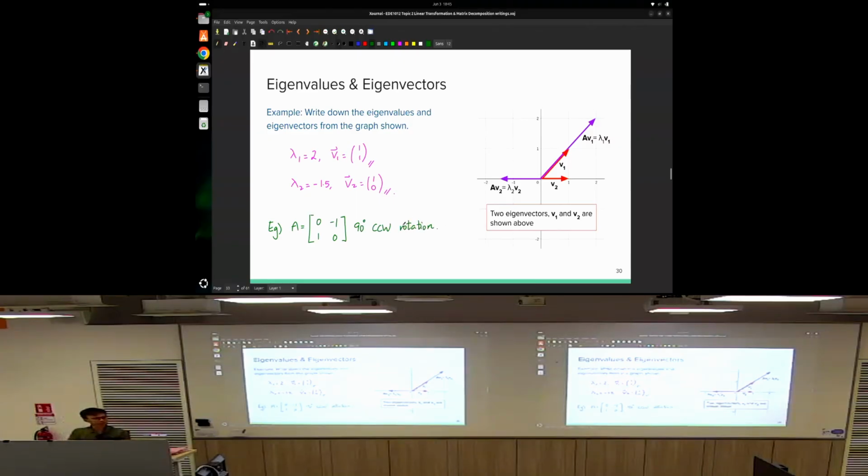Then, do you think there are eigenvectors for the pure rotation matrix? No? Anyone? No, it will be rotated, because I becomes J, then J becomes minus I. So the whole vector space is undergoing this 90-degree counterclockwise rotation.